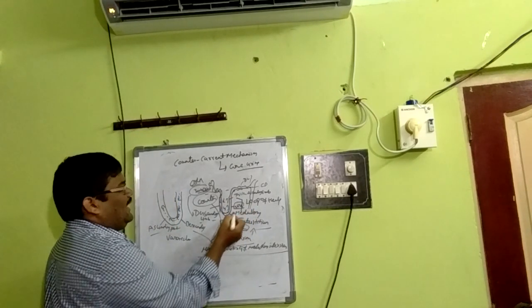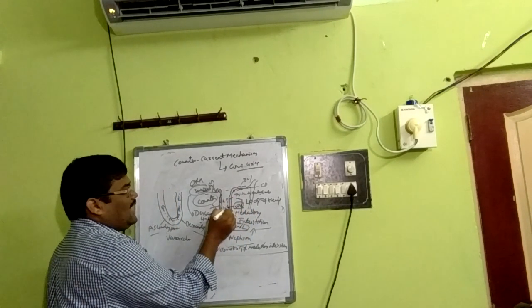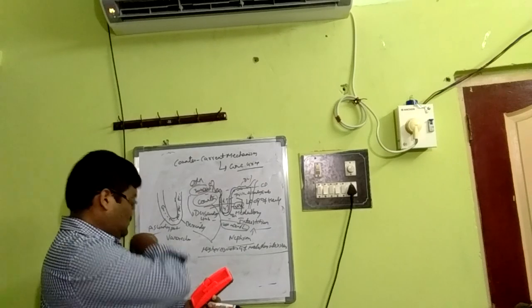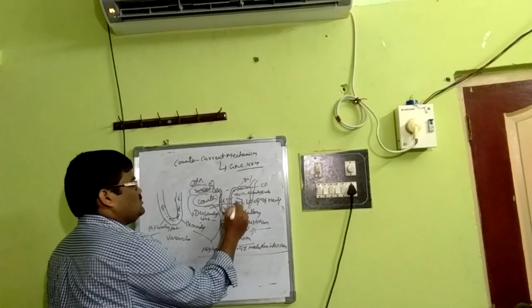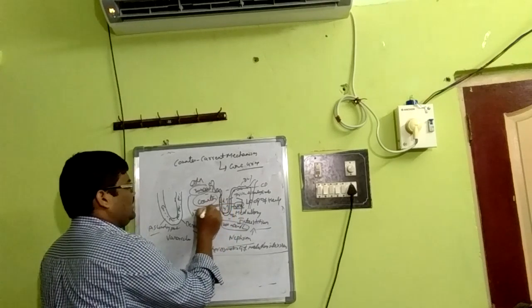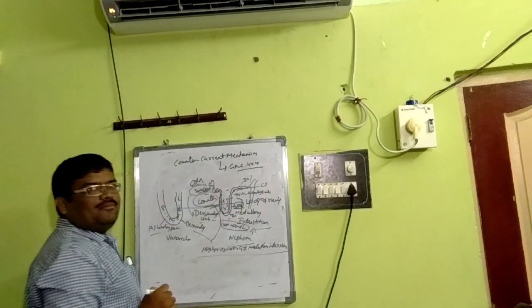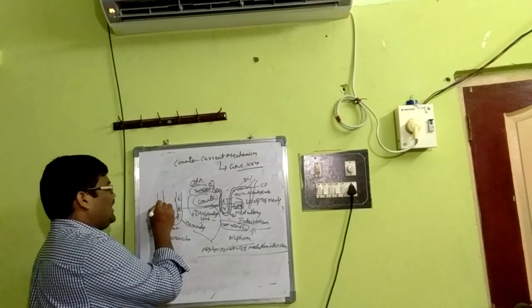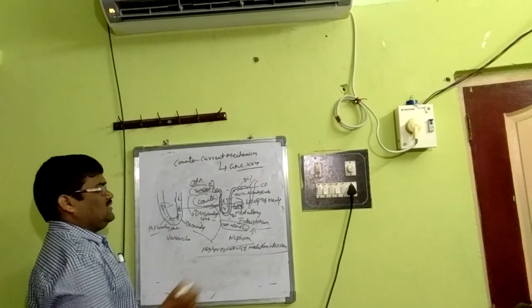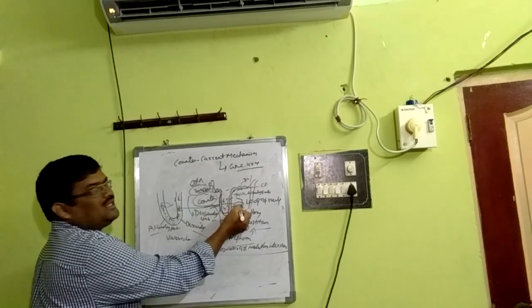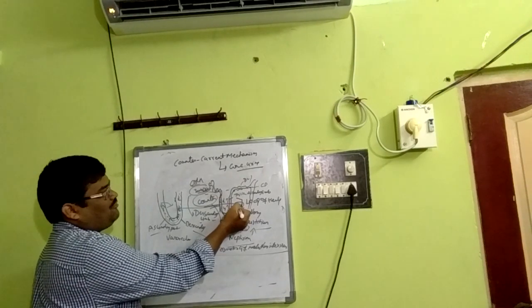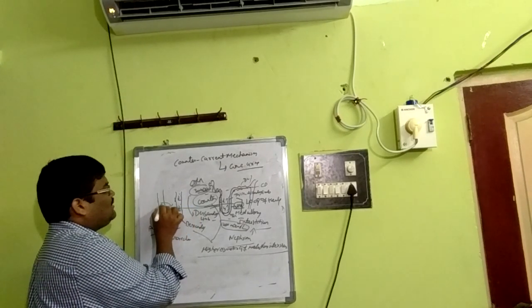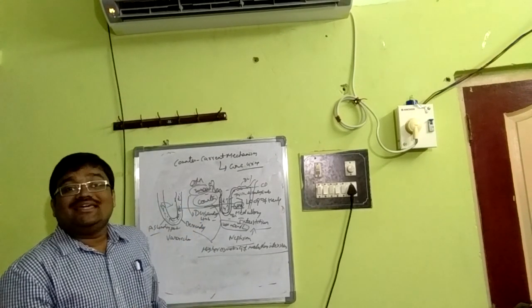That means in the ascending limb, NaCl has been reabsorbed, and this NaCl will enter the descending limb of vasa recta, then the ascending limb, and then again come back to the interstitium. That means an increase in the osmolarity.